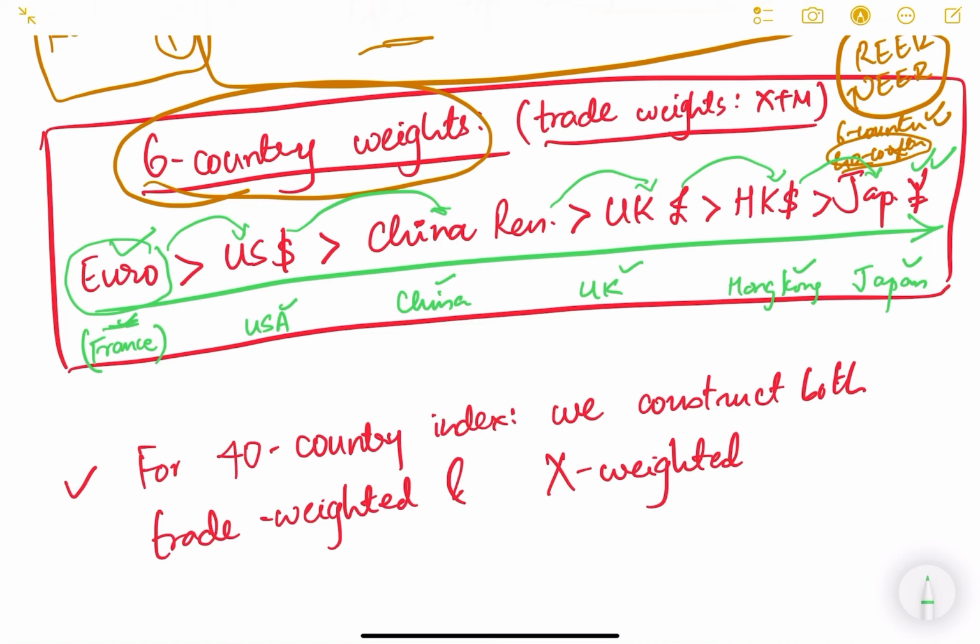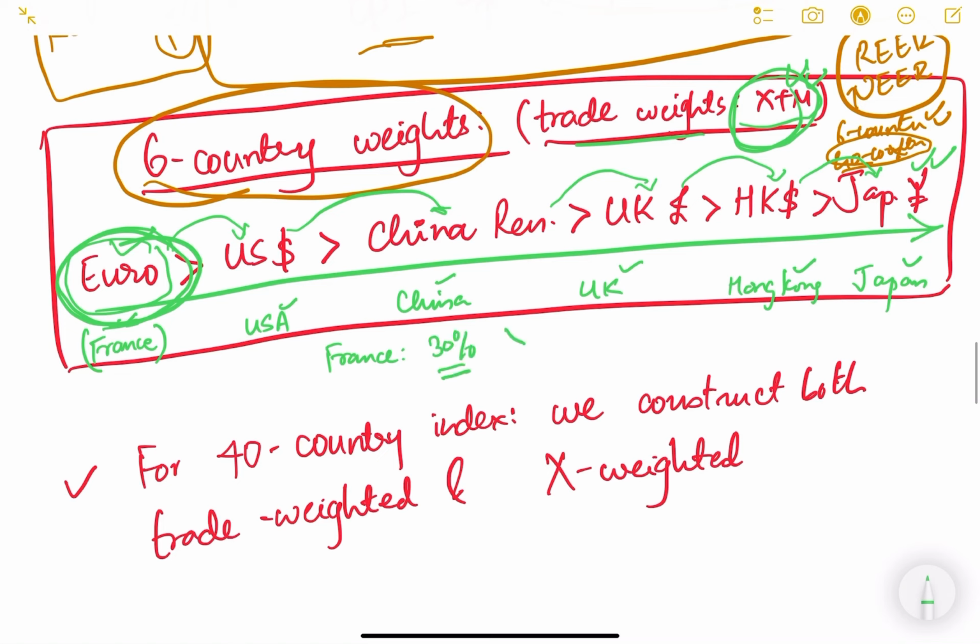Now the 6 country index is a trade weighted index. So these weights are given depending upon the total trade with that country. Okay, total trade meaning exports plus imports. So we look at the total exports plus imports, and for example, if France accounts for 30% of our total foreign trade, so our exports plus imports from France is 30% of our total trade, then 30% weight will be given to France.